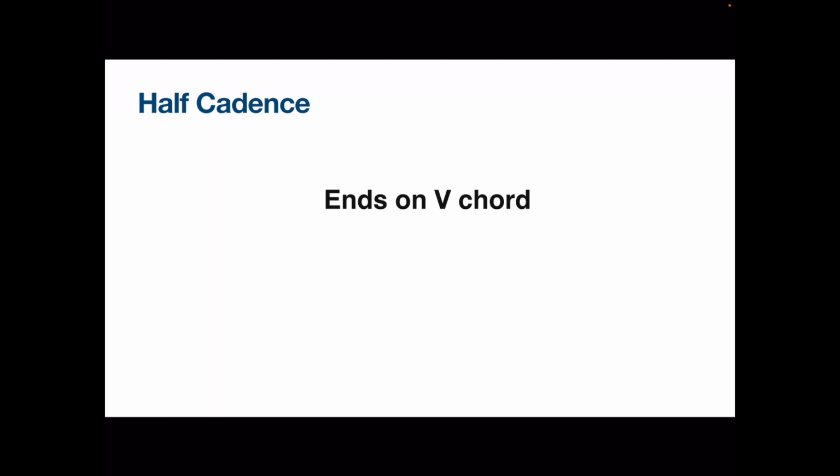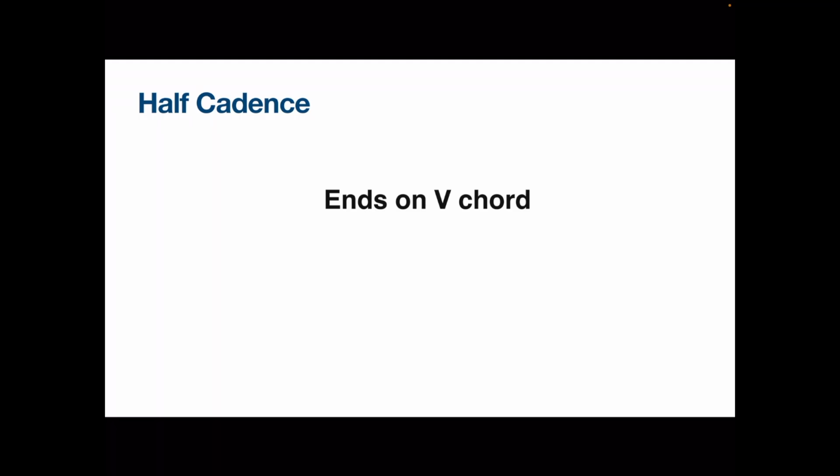So a half cadence is any type of cadence that comes to the 5 chord and just stays there. You can have that usually in the middle of a phrase where the composer wants to continue the music and not really end it.